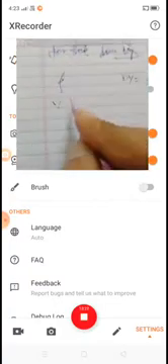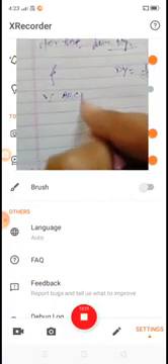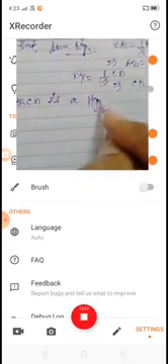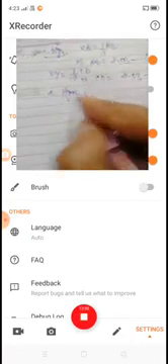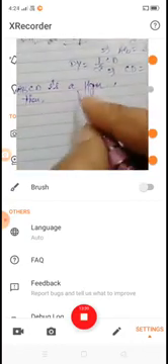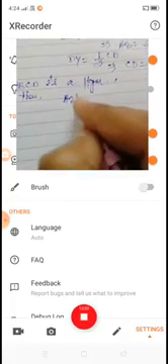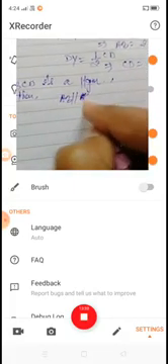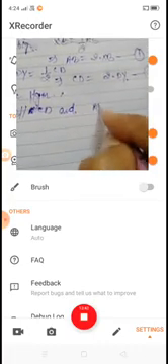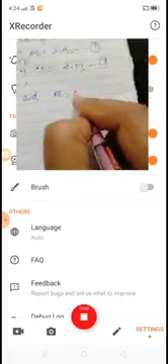Since ABCD is a parallelogram, in a parallelogram opposite sides are parallel and equal. So AB is parallel to CD and AB is equal to CD.